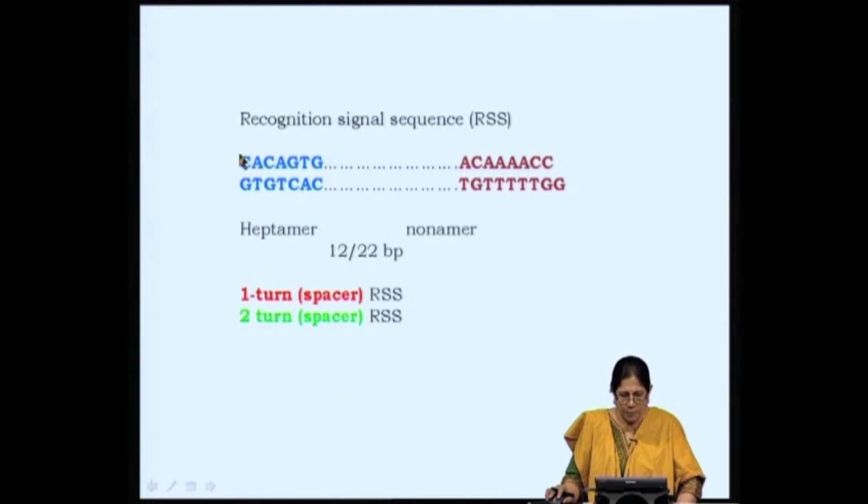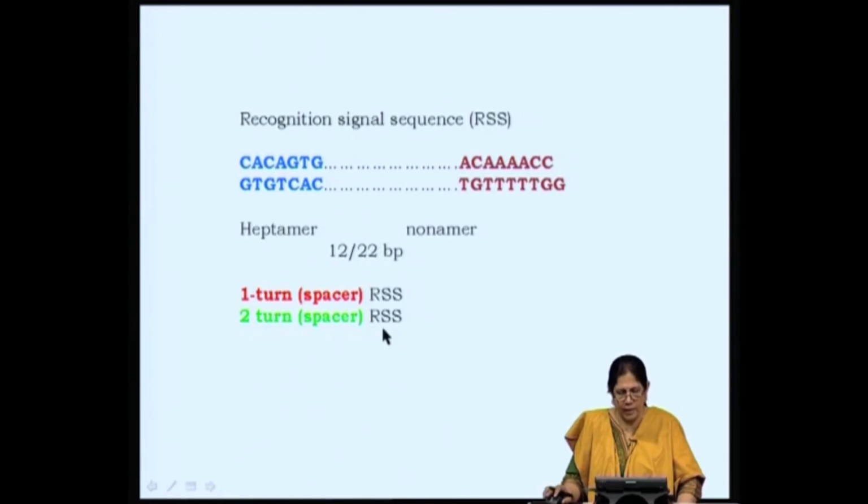Now, this heptamer and the nonamer are separated by either 12 base pairs or 22 base pairs. When these two are separated by 12 base pairs, it is known as one turn RSS, one turn recognition signal sequence, or when separated by 22, two turn RSS.